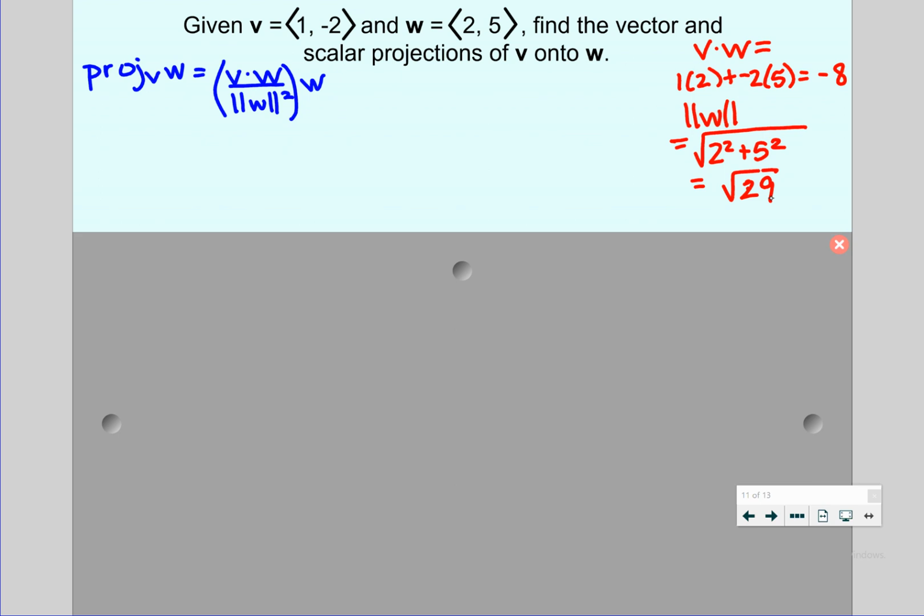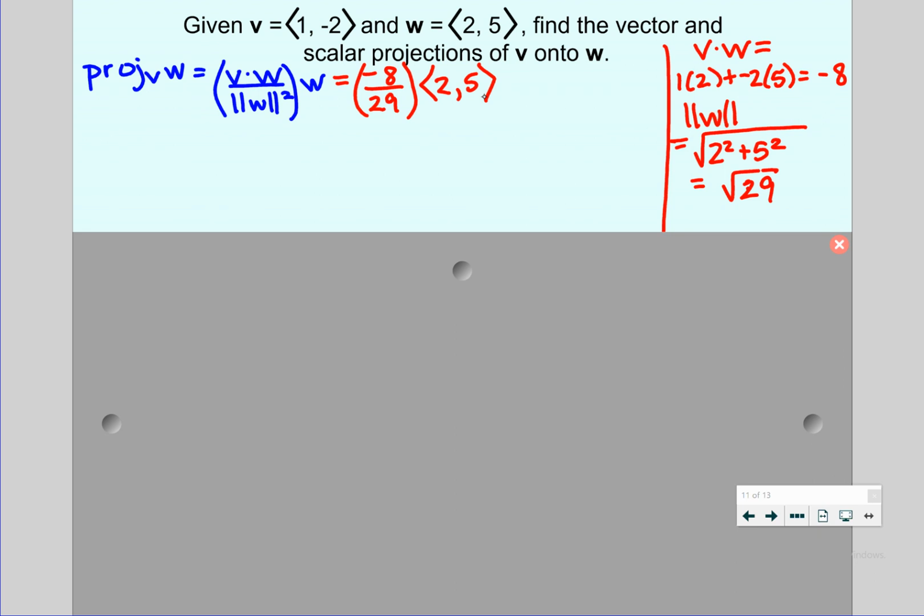All right, so now in the vector formula, dot product -8. The magnitude of W is rad 29, and then I'm going to square it. So what's that going to be? Just 29. Times vector W, 2, 5.